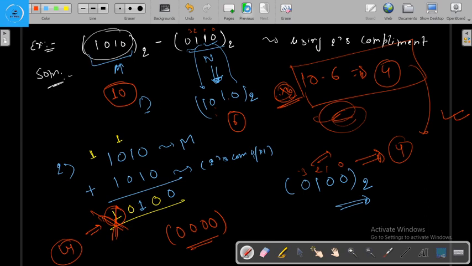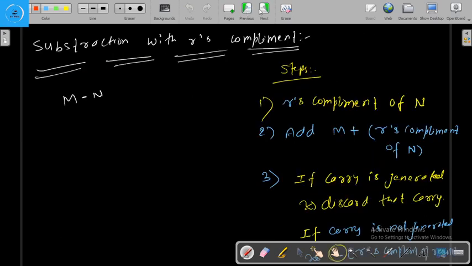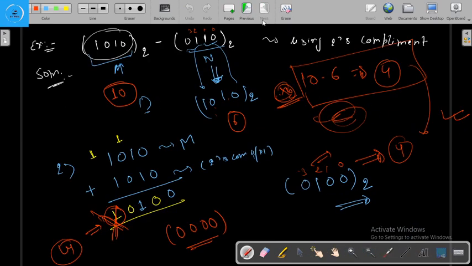So what we have seen in this lecture: first, before that, we saw what the use of complement is. Then we saw how to find the R minus 1's complement, then the R's complement. After that we saw how to perform subtraction using R minus 1's complement as well as R's complement.